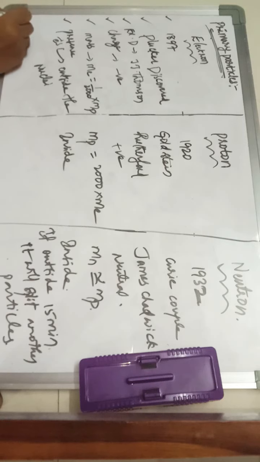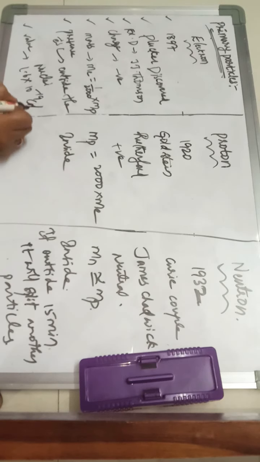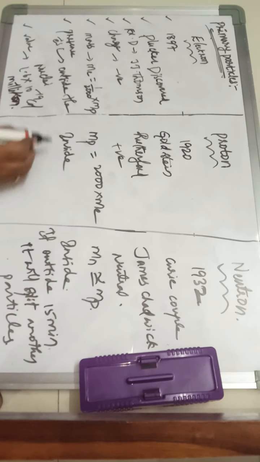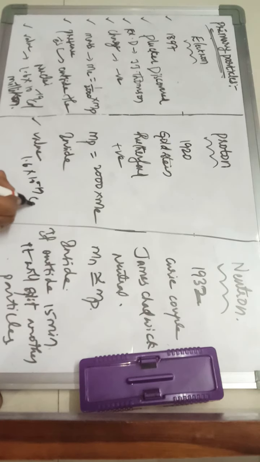The value of the electron charge is 1.6 into 10 to the power of minus 19 coulombs, measured by Millikan. The proton's value is also 1.6 into 10 to the power of minus 19 coulombs.